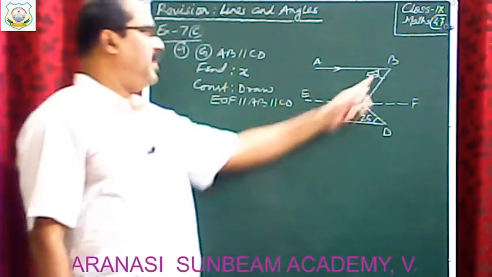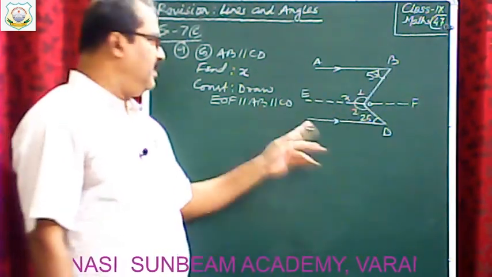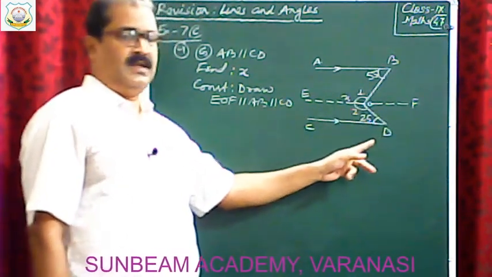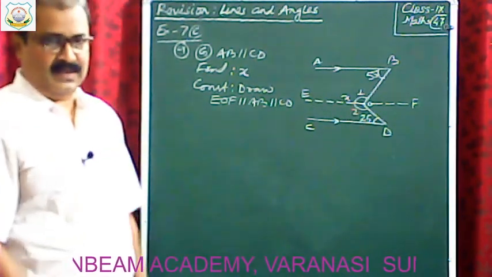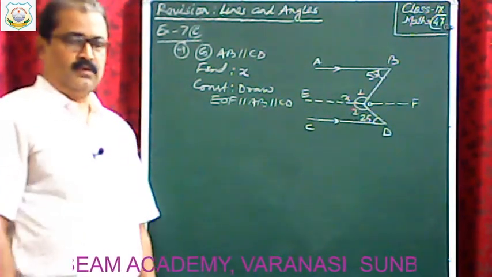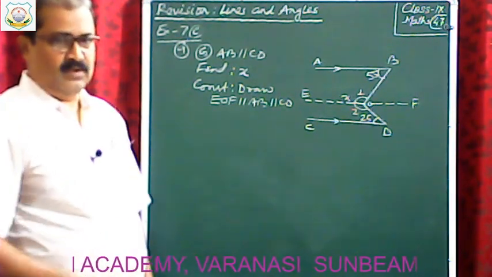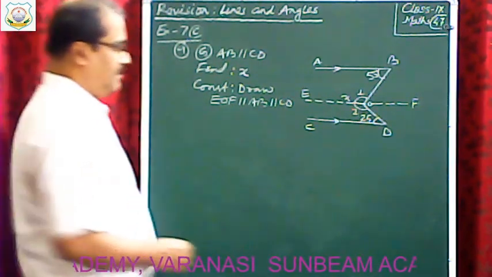In this way, you have to find angle B plus angle 1 equal to 180, angle B given, angle 1 you have to find out. Similarly, CD parallel to EF and OD is transversal, then angle D and angle 2, these are co-interior angles. In the same manner, you have to find angle 2 also. Thereafter, X equal to angle 1 plus angle 2. You get the values of angle 1, angle 2. Putting the values, you find the value of X.